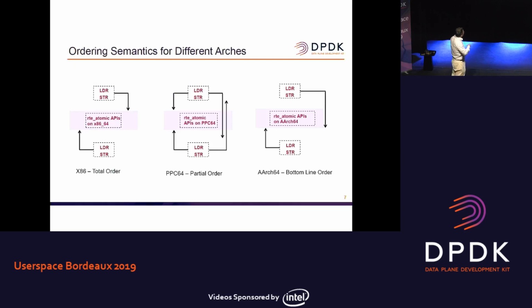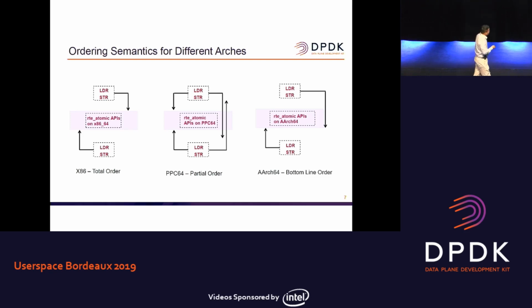Okay, I made a summary of these different architectures, which have different implicit ordering semantics. As I just talked about, on x86, loads and stores cannot cross the APIs. For PowerPC, some of the APIs are ordered, and for the other APIs loads and stores can cross.